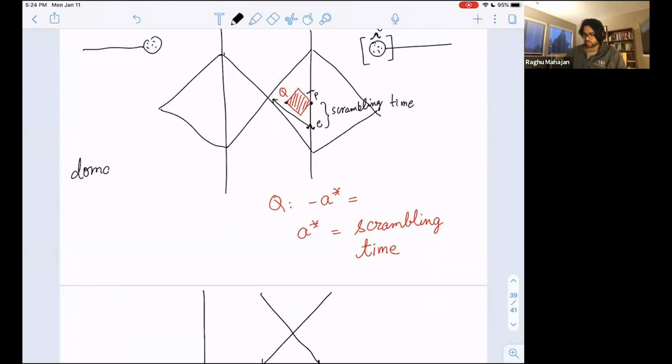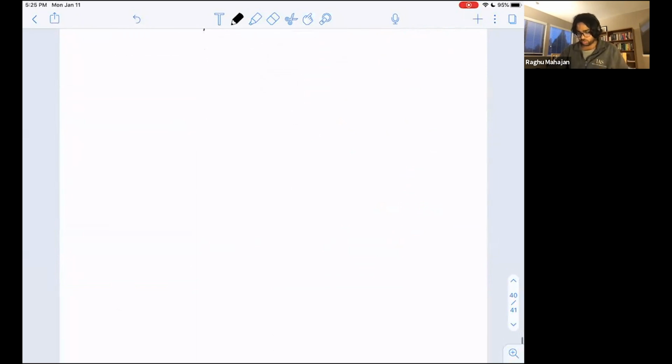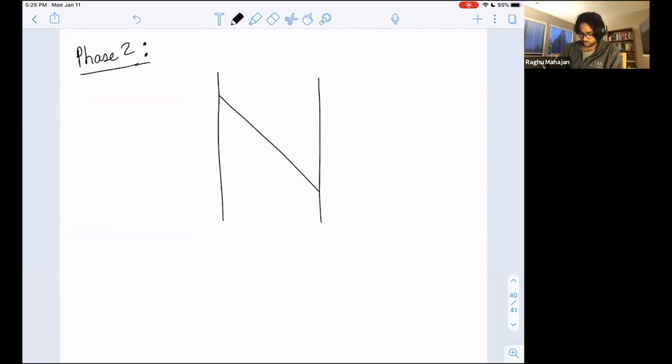Okay, all right. If not, then let's move on to do the actual computation that we wanted to do. So now the phase 2 of this object. Okay, so again, we have the Penrose diagram. We draw it again and again. And now we have this region A, which is at time t.